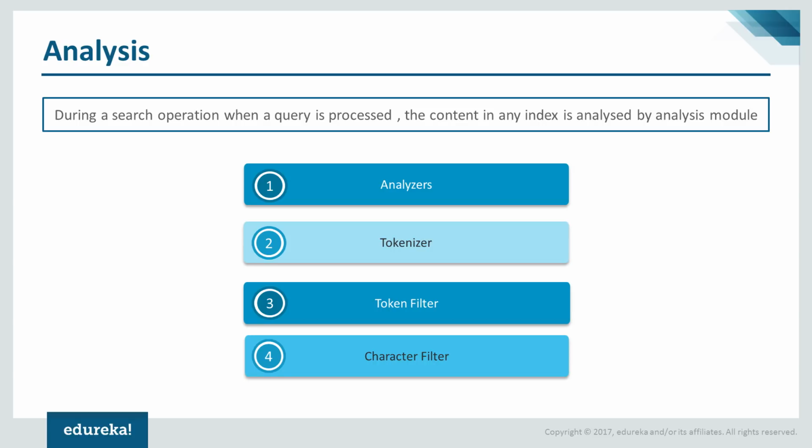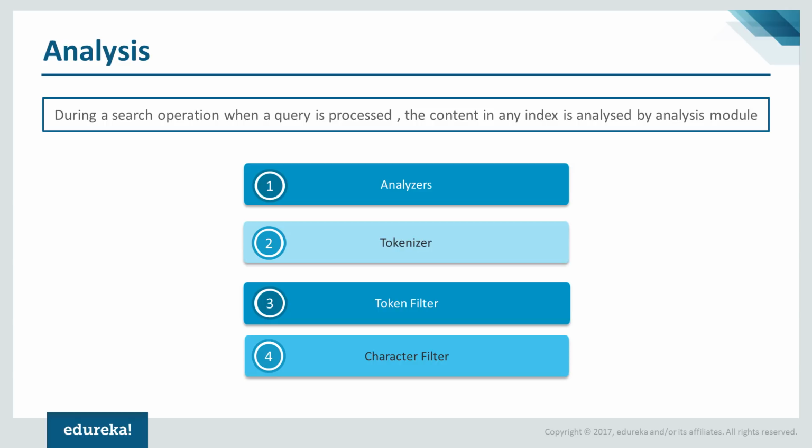The process of converting text into tokens and terms, which are added to an inverted index for search, is called analysis, and it is done with the help of an analyzer. An analyzer can be inbuilt or a custom analyzer. The analyzer converts the fields into tokens, and with the help of token filters we can further perform operations.